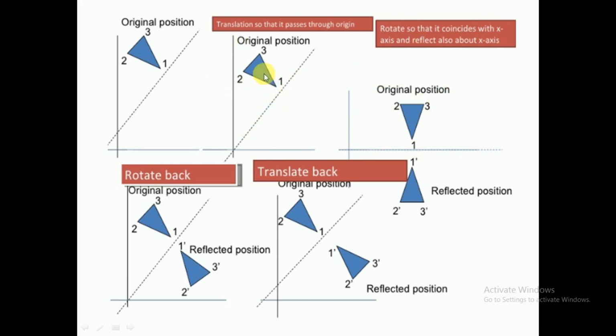Counterclockwise you can rotate so that it aligns with the y axis, or you can rotate in the clockwise direction and it will align with the x axis. Here we have rotated clockwise and it has aligned with x. I know how to rotate counterclockwise; there I have the rotation matrix about the origin. Again I am rotating with respect to the origin. That matrix I will apply so that it aligns with the x axis, right?